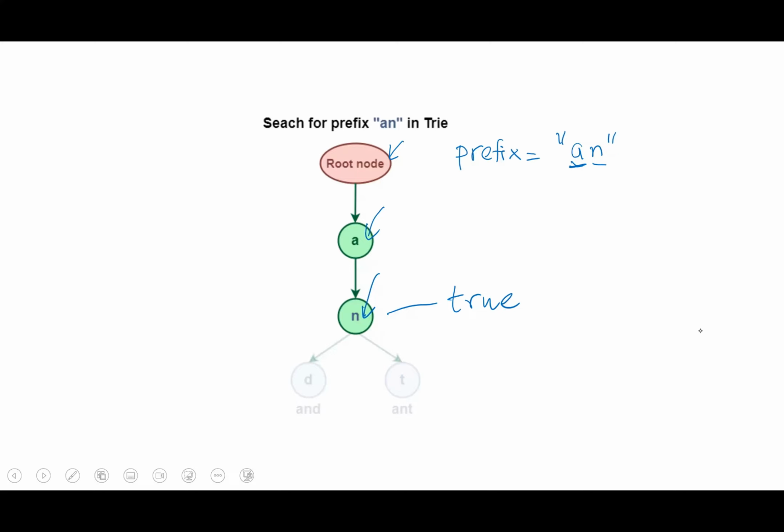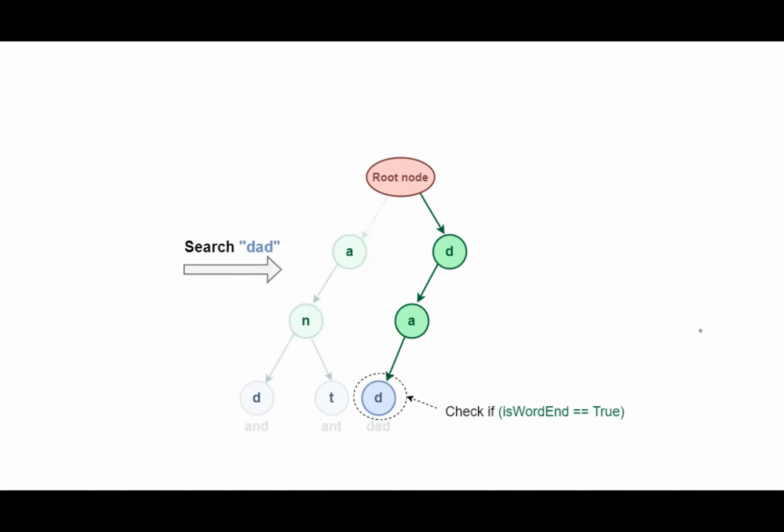Or you can look for whole words. If the question is, does your trie have the word dad, not a prefix, the whole word? You start from the root node, you look for D, you have it.